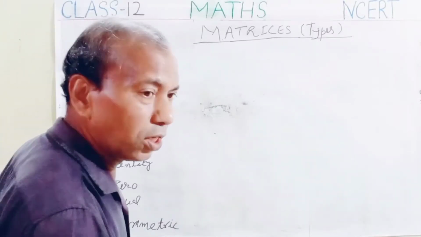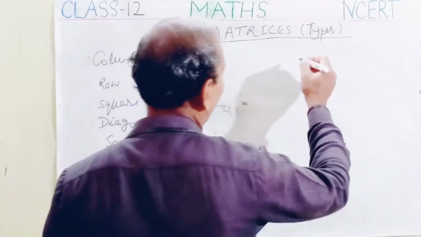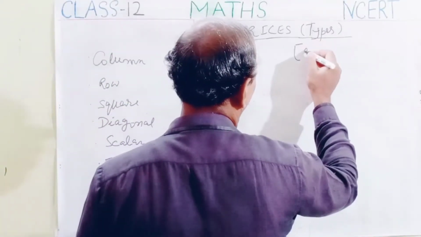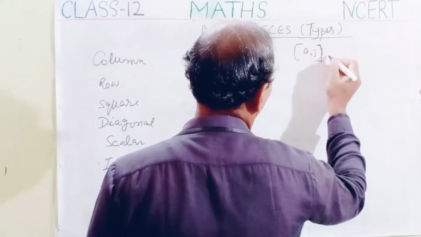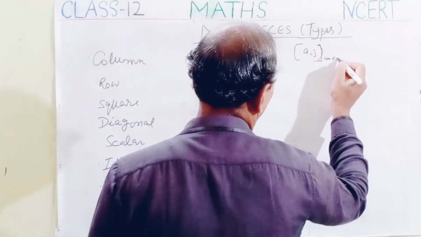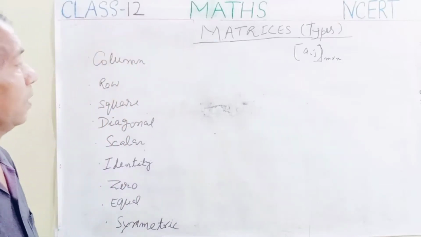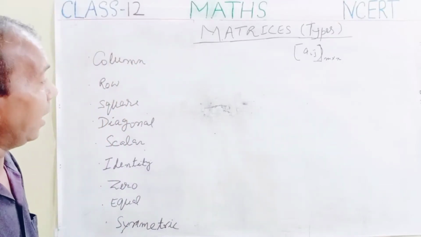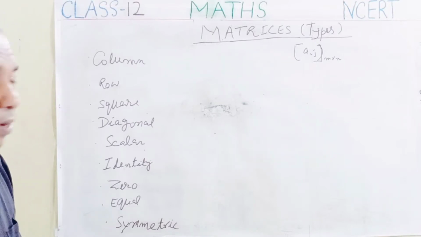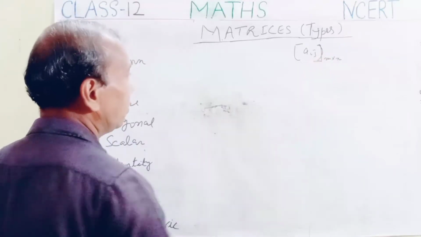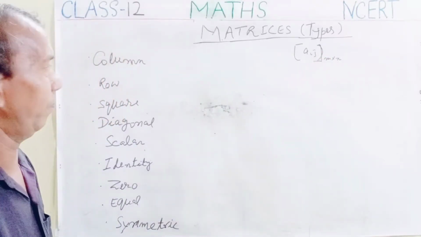The simple notation of this matrix is this Aij, and here it is M cross N. Again I am repeating, this Aij is the element of the matrix. It may be a number or function. In M cross N, your M is the row and N is the column.